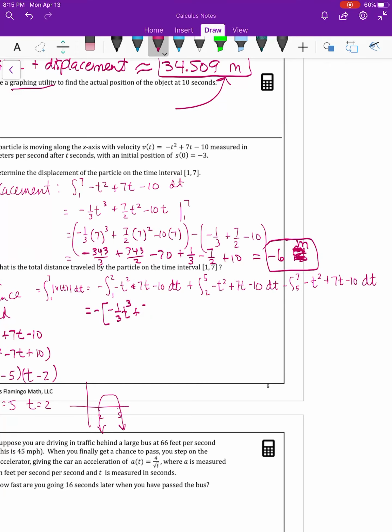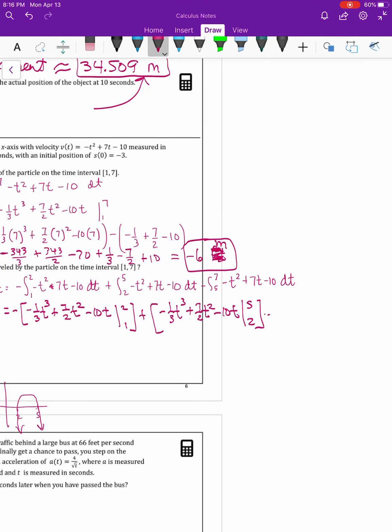So now we've got, I went through this whole thing, negative 1/3. You might want to just go out of here and do the same thing, and see if you can get this. This from 1 to 2. And then positive, you've got your same integral from 2 to 5.